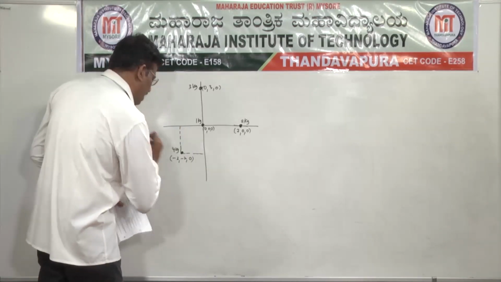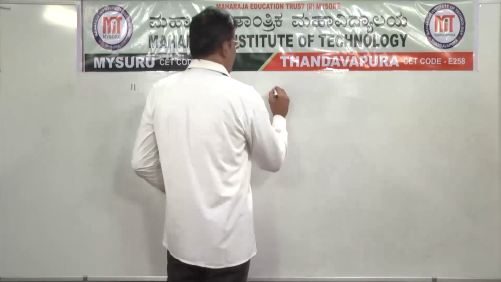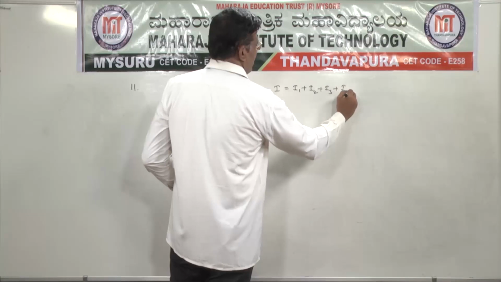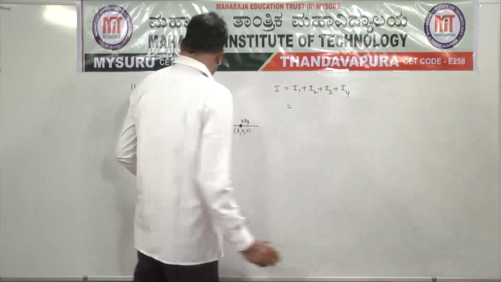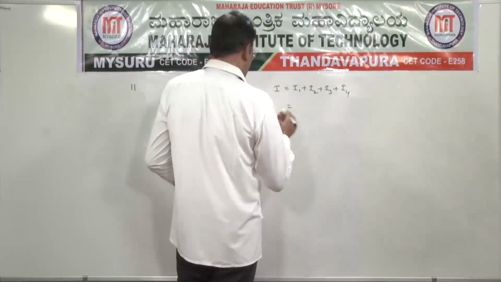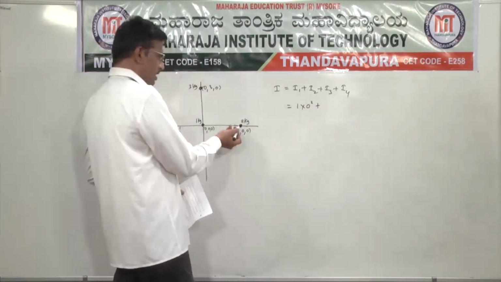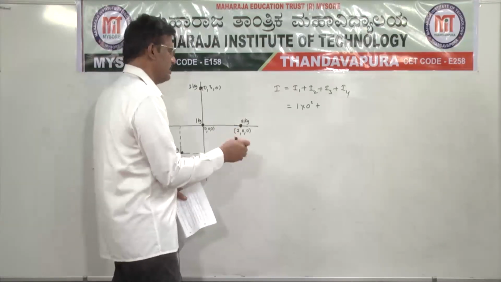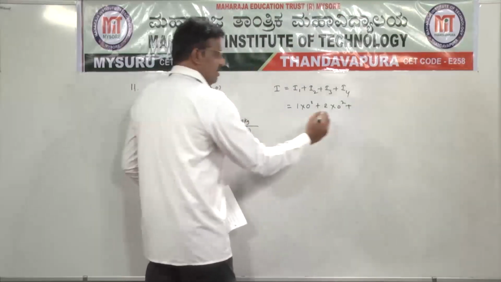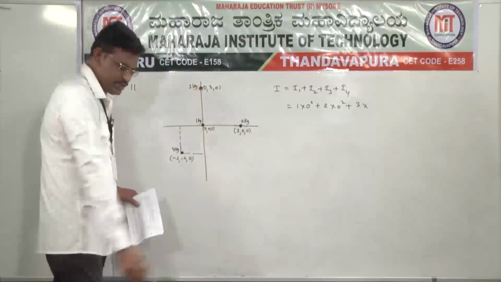Then the net moment of inertia of the 4 particle system, I is equal to I1 plus I2 plus I3 plus I4. I1 is at the origin, asking about the x-axis, so 1 kg mass is at 0, so 1 into 0 square, plus for I2, the 2 kg mass is on the x-axis, about the x-axis means it is also 0, so 2 into 0 square, plus the 3 kg mass is on the y-axis, from the x-axis it is at a distance of 3 meters.